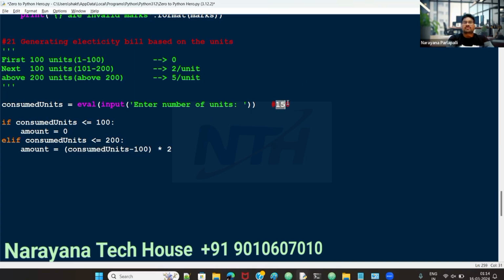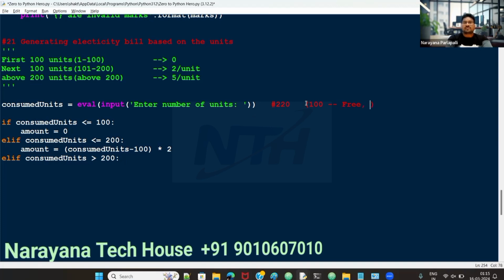Okay, next suppose it is above 200. If consumed units is greater than 200, let's take suppose 220 units. Out of 220, the first 100 is free, the next 100 is 2 rupees per unit, and after 200 over, it is 5 rupees per unit.